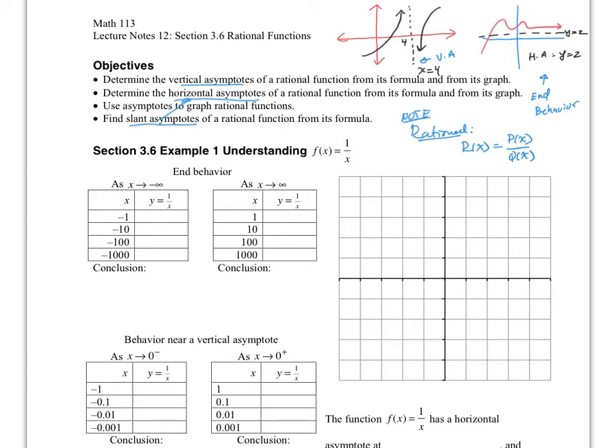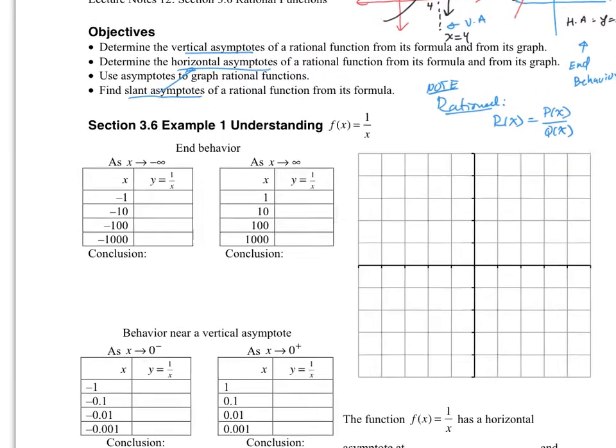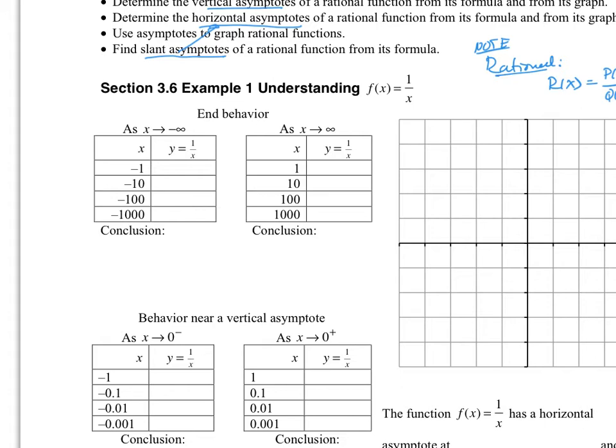And this is going to explain clearly what a horizontal asymptote and a vertical asymptote are, hopefully. So here they give you a table, and you want to check what happens as x gets bigger and bigger, which means that's the end behavior. So here you have 1 over 1, which gives you 1. 1 over 10 is 0.1. This is 0.01, 0.001.